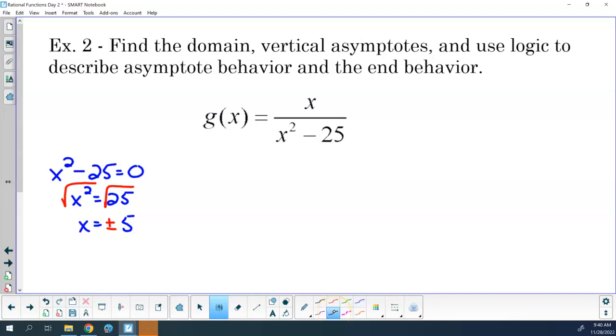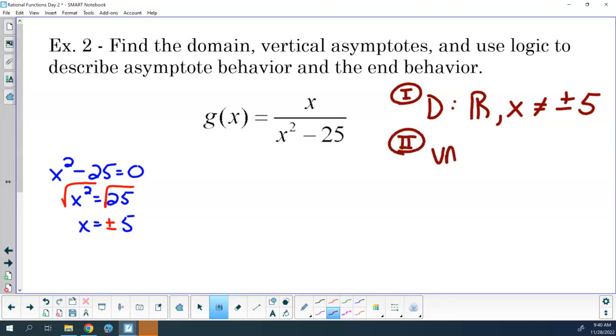So the domain here would be all real numbers, but x cannot equal both positive and negative 5. Which then can take me right into my vertical asymptotes. x is going to equal 5, and x is going to equal negative 5. All just from that one.